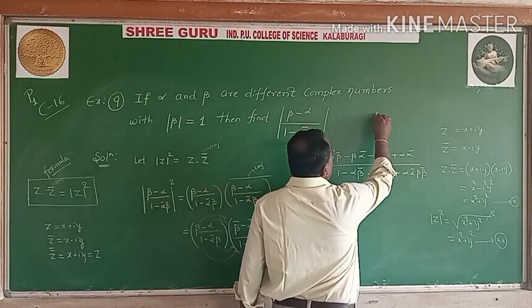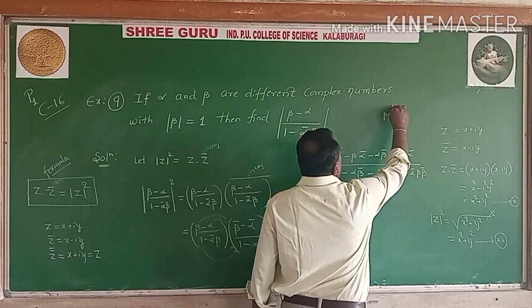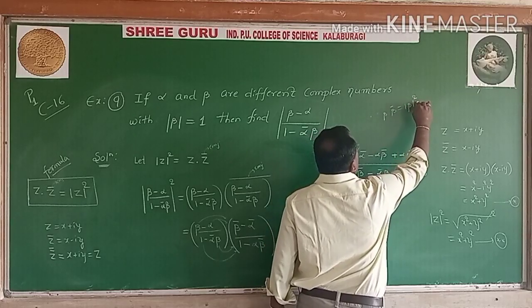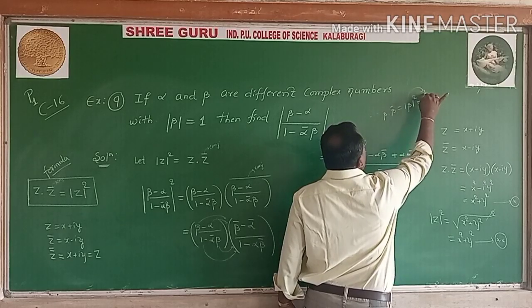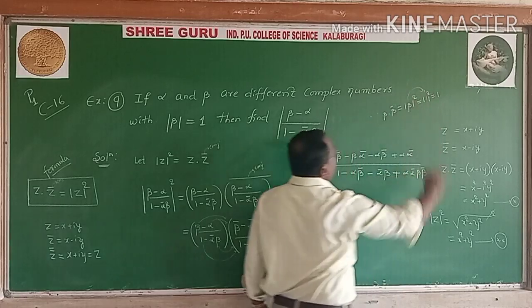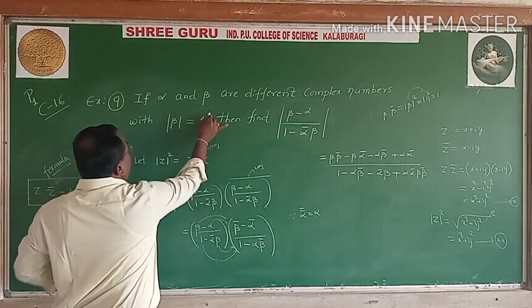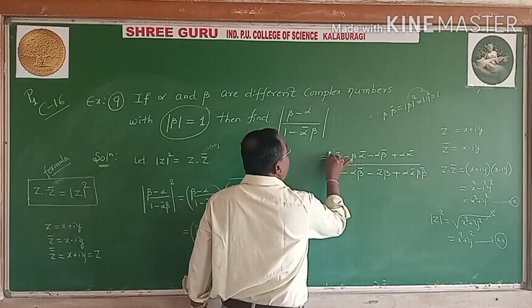But given one condition here, because beta into beta bar, the formula is modulus of beta whole square. Here beta value is what? Already given, 1. 1 square is what? 1. This is the given modulus of beta.